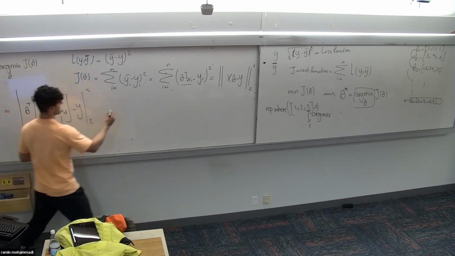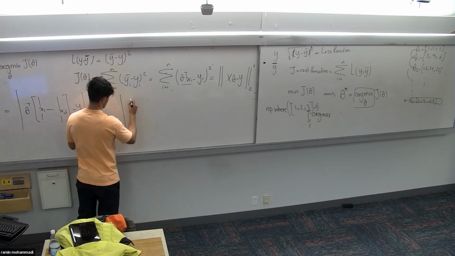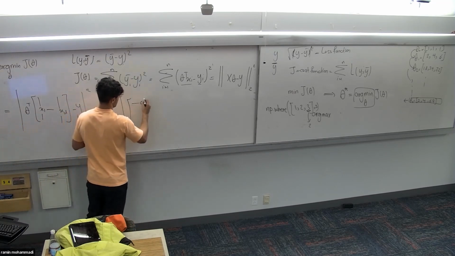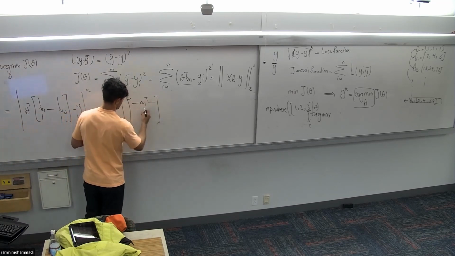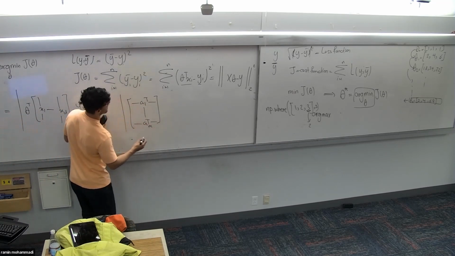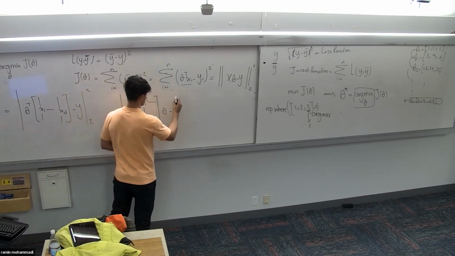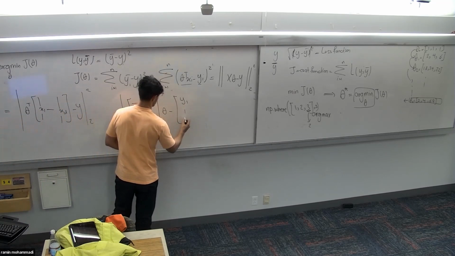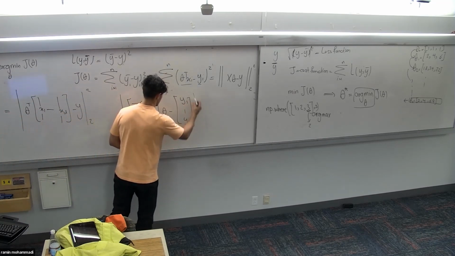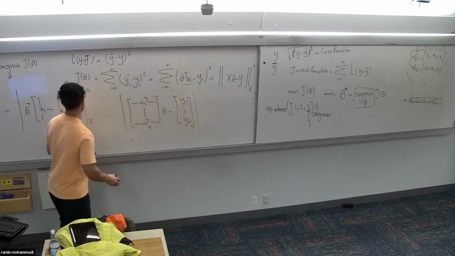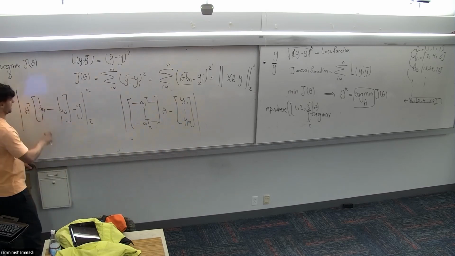Or you can say basically a1 transpose through an transpose, times theta, minus y1, right? So either way, this times that.